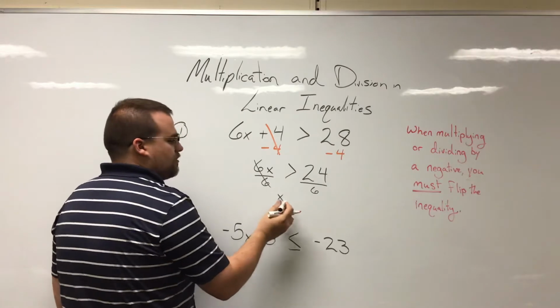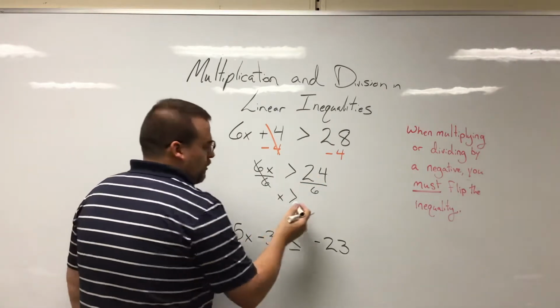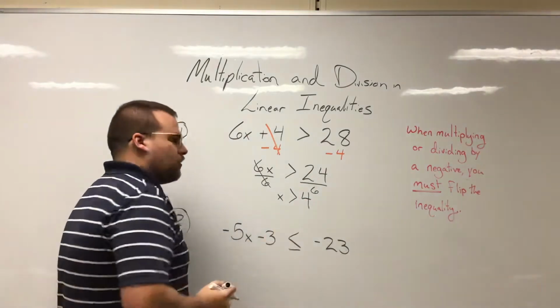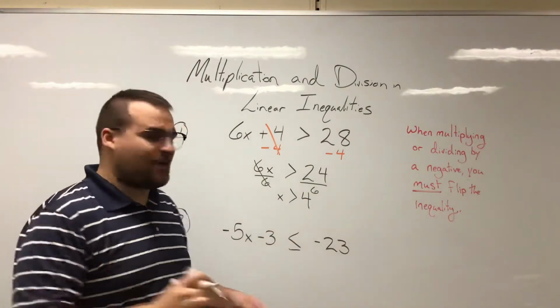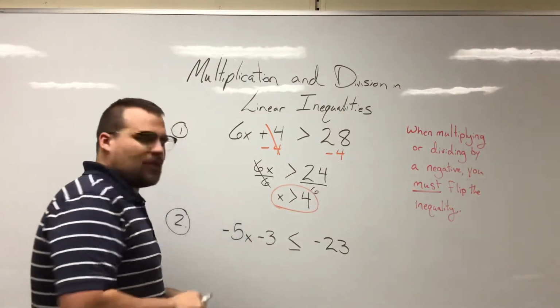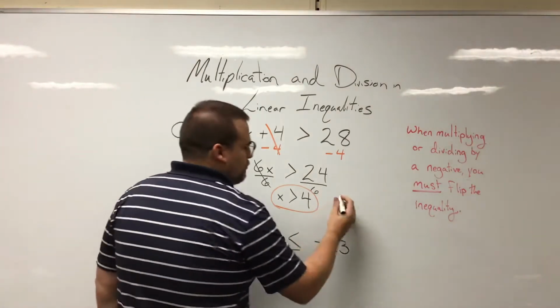Cancel out the 6. X is greater than 24 over 6, or 24 divided by 6, which is 4. Well, I have the answer to my inequality at this point. But as you know, we probably want to go ahead and plot that on a number line. So let's do that.